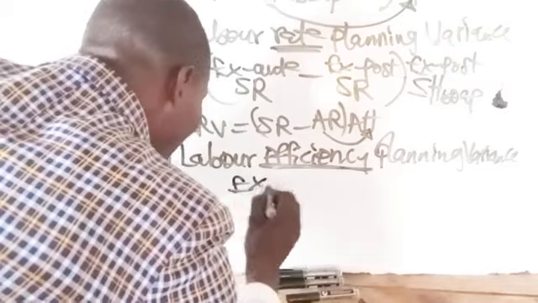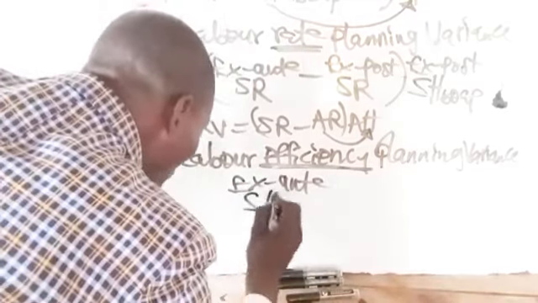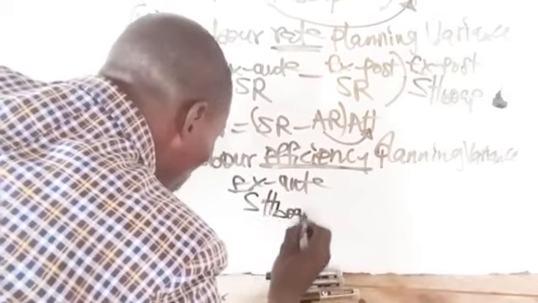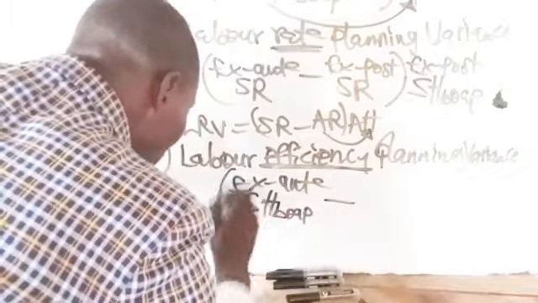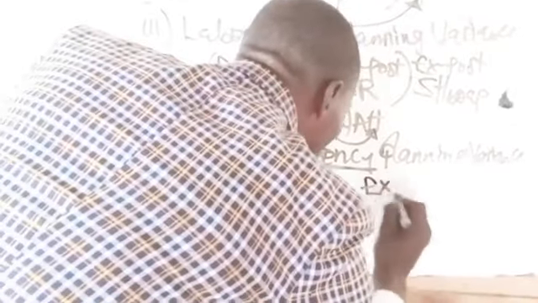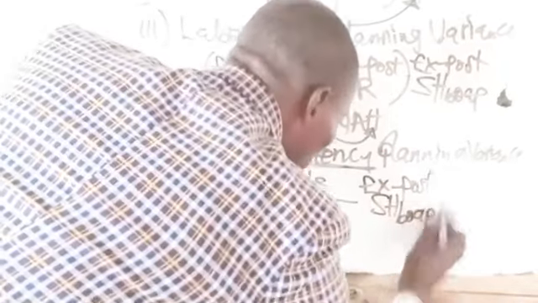You have ex ante standard hours, since you need the hours, and I've told you that your standard quantity or standard hour, you have to flex it, so based on actual production, minus ex post standard hours based on actual production. Don't forget both ex ante and ex post are standard.